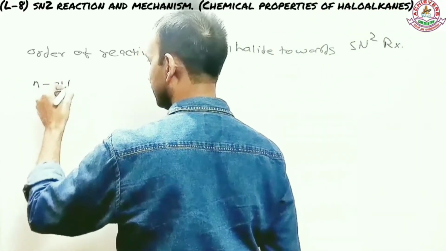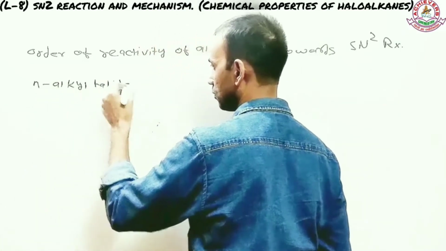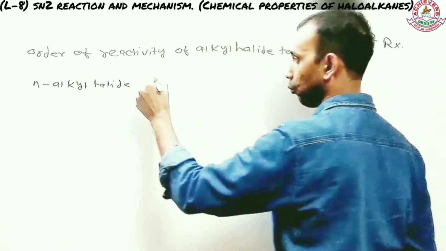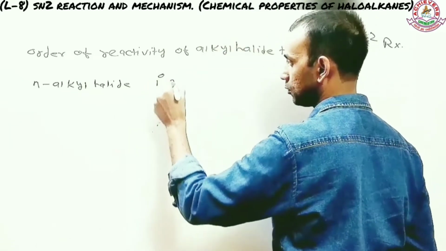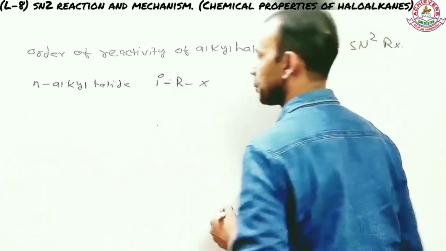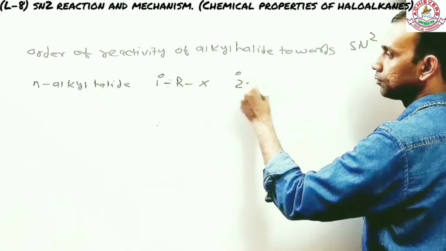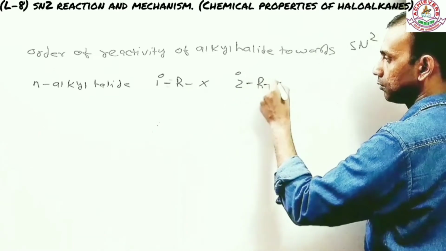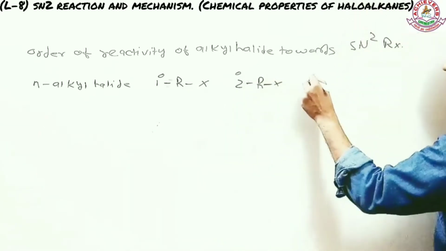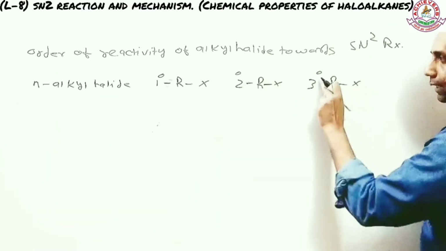Methyl alkyl halide. What other one is 1 degree alkyl halide. What next is 2 degree alkyl halide. And finally there are 3 degree alkyl halide.